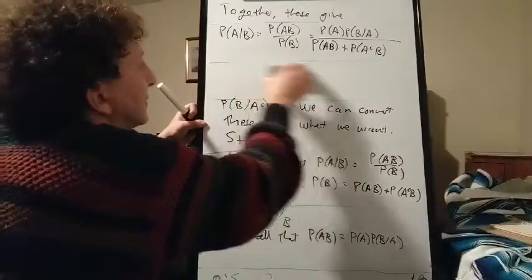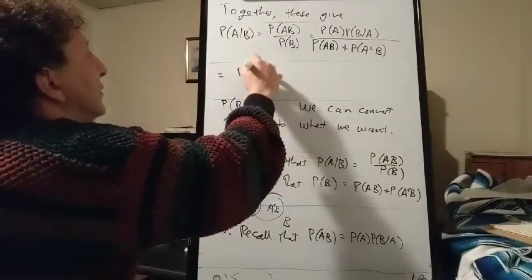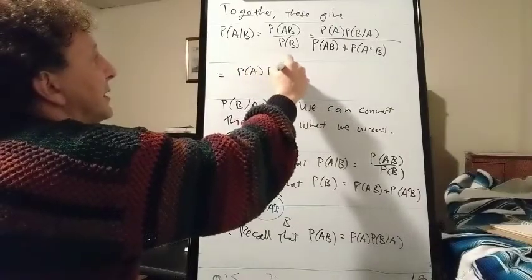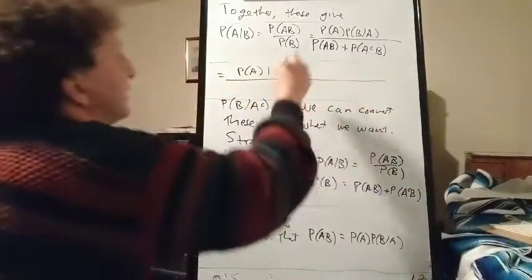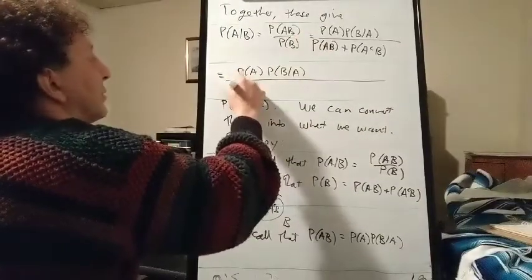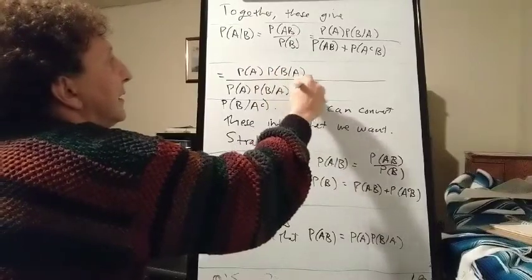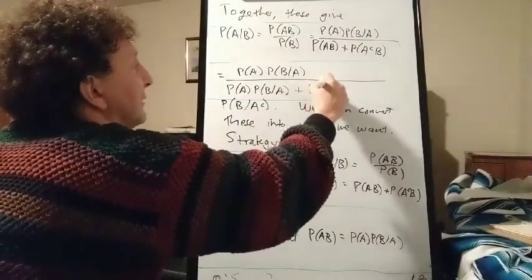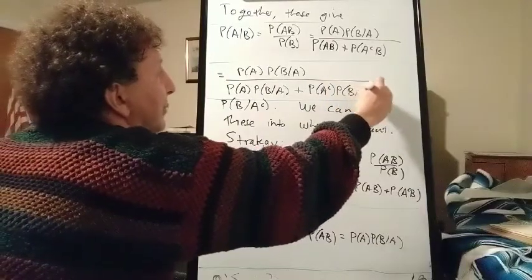So the numerator is the same, probability of A, probability of B given A. And then the denominator will convert this into also probability of A, probability of B given A, plus probability of A complement times probability of B given A complement.